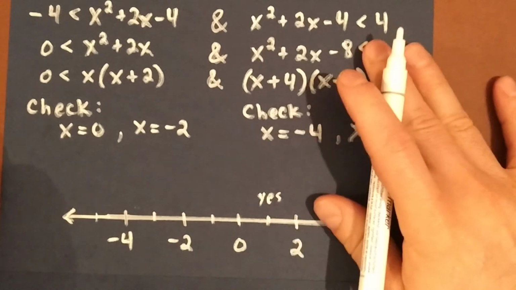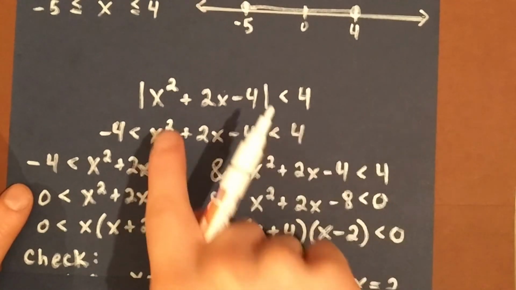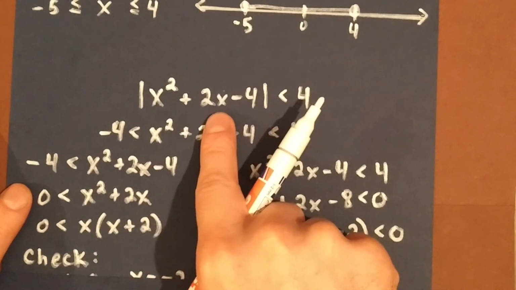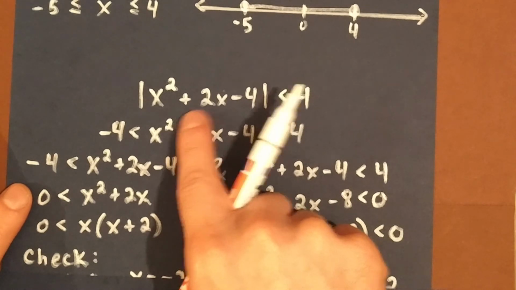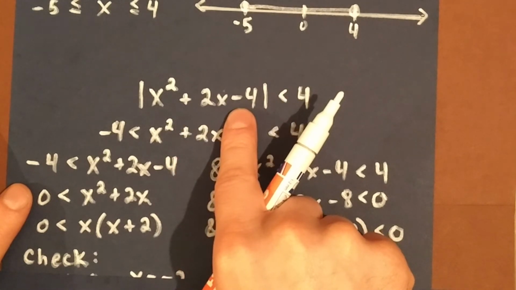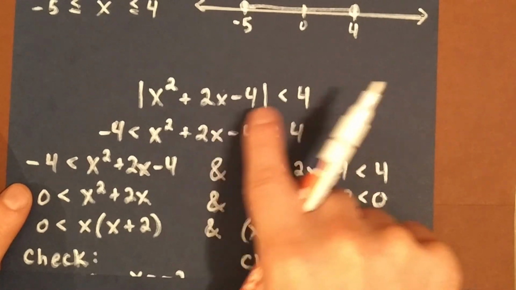So 1 works. Let's check -1. -1 squared is 1. This will be -2. So 1 minus 2, -3 minus 4, -7. Absolute value is 7, which is not less than 4.